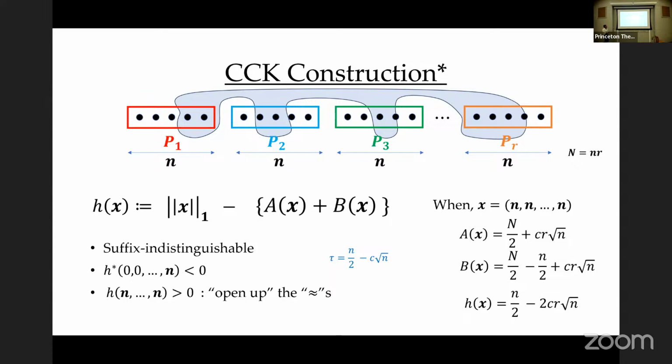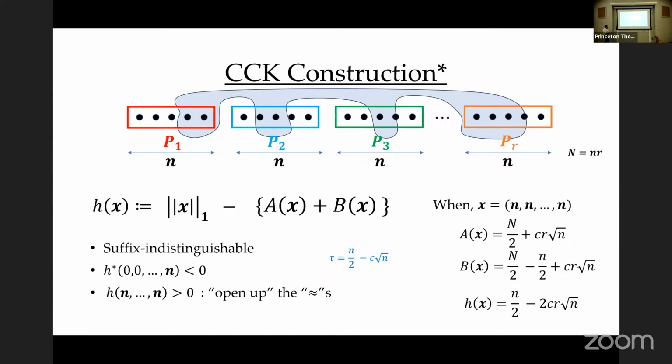So A's value becomes c r root n more than half of the total universe. B misses the first half because it's a second max, so B's value will be n by 2 plus c r root n minus roughly the first half. Why am I saying this? Because if I evaluate H at the all-n point, this thing is capital N, the total number of elements. That cancels out this capital N by 2, capital N by 2. So what this evaluates to is roughly small n by 2 minus r root n.